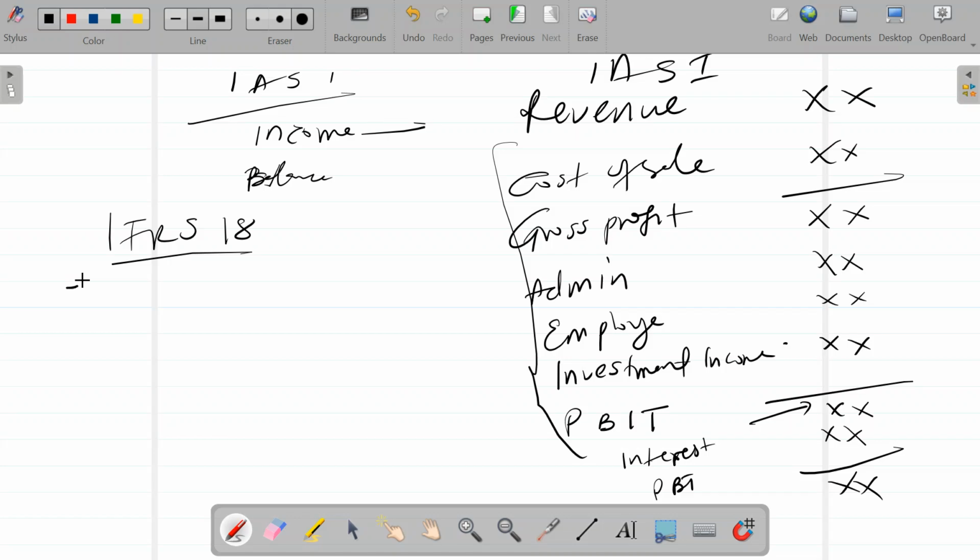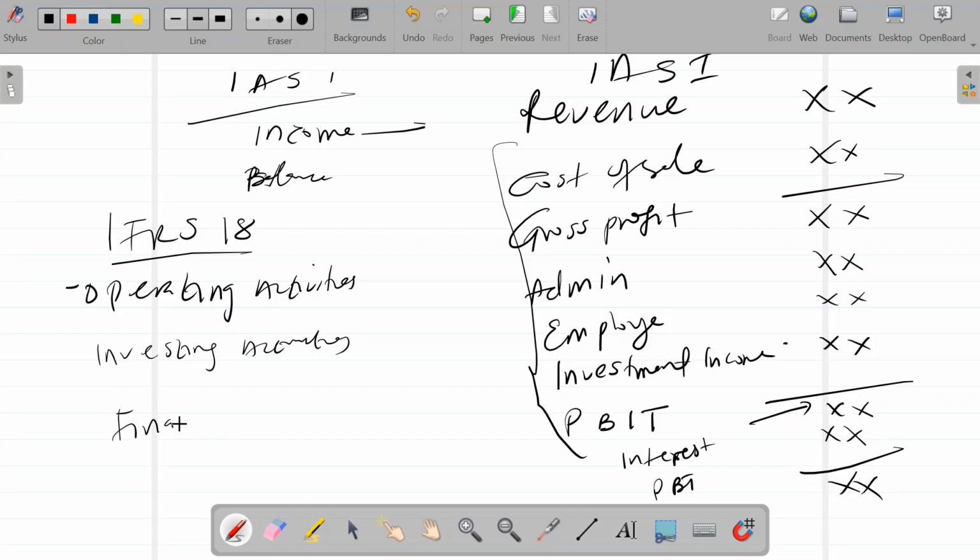One area is operating activities, then investing activities, then financing activities.